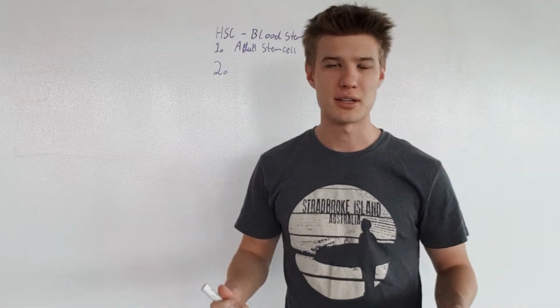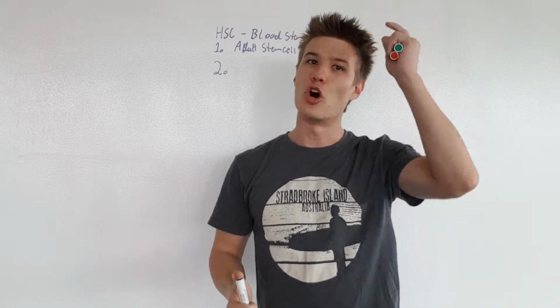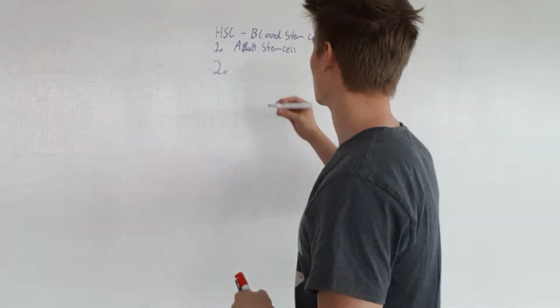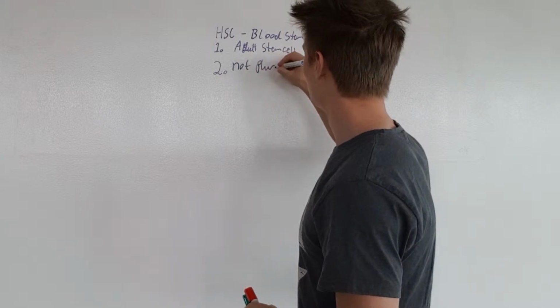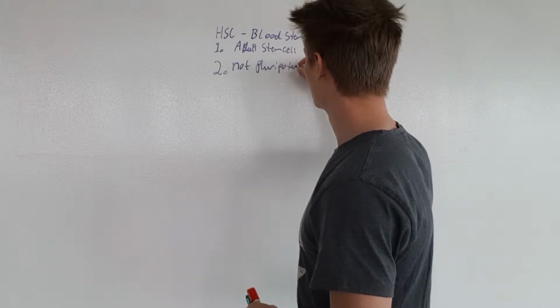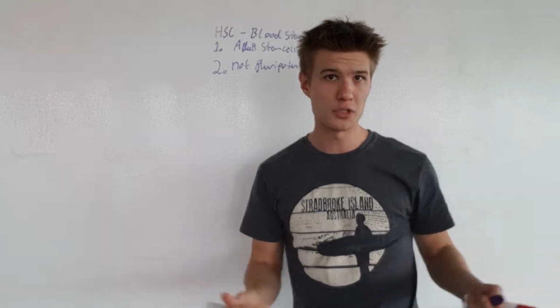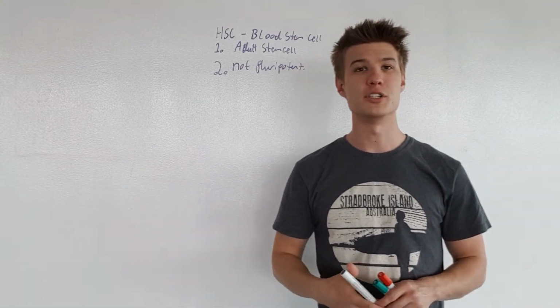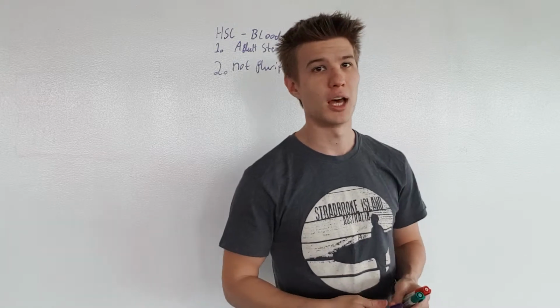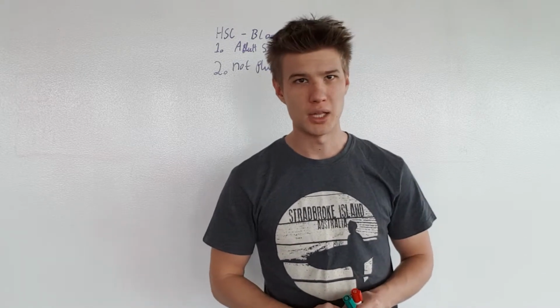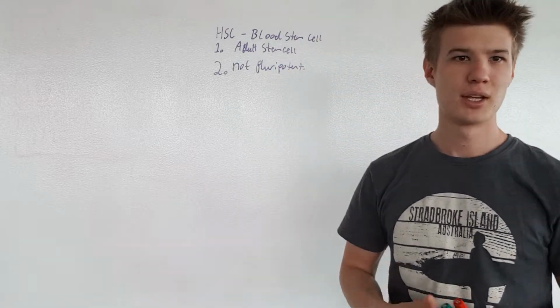It is not an embryonic stem cell. It is not pluripotent. And of course that means that it can't give rise to all three germ layers and all kinds of tissue in the body. It can only give rise to blood lineage tissues.